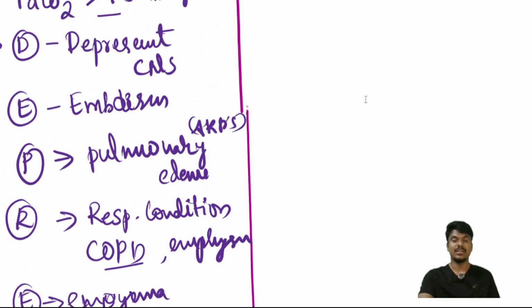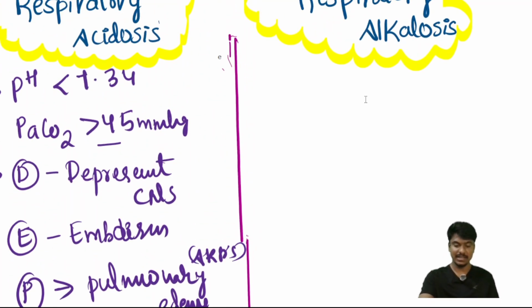I told you in acidosis there is a reduced pH. In alkalosis there will be an increased pH and a reduced PaCO2 level. I told you ROME: respiratory is opposite.